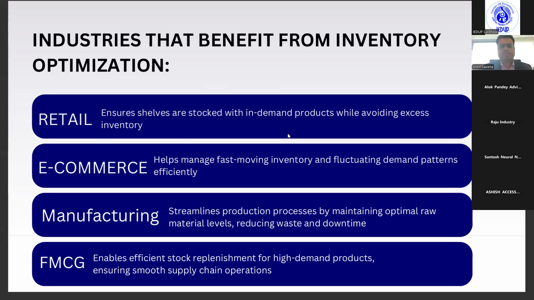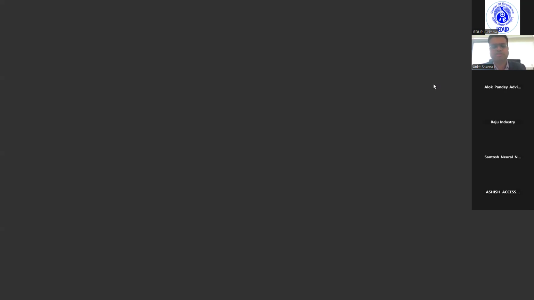So for manufacturing, this will help in reducing waste and downtime. For FMCG companies, stock replenishment and managing high demand for products is one of the use cases where inventory optimization comes into play and helps in ensuring a smooth supply chain operation.